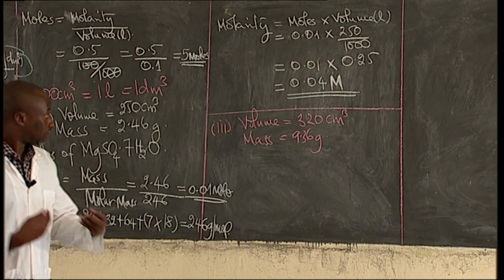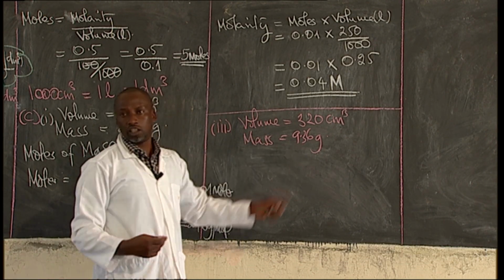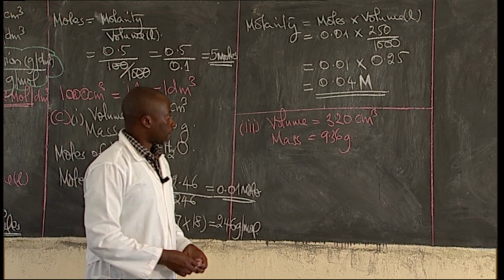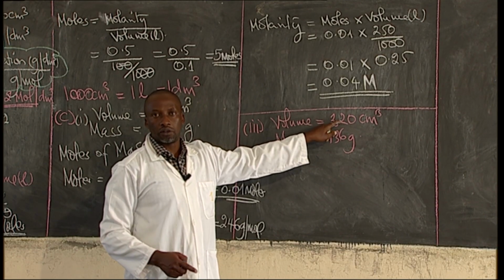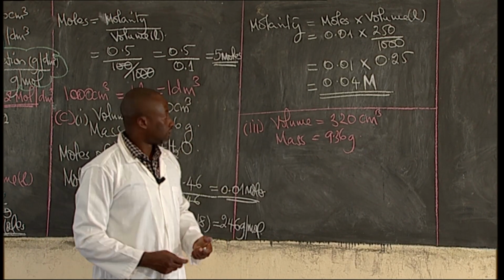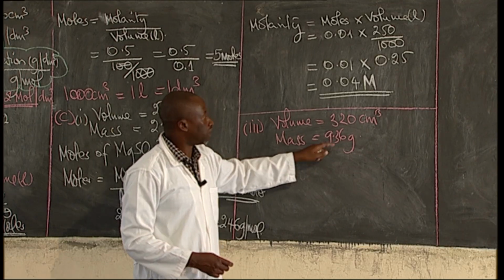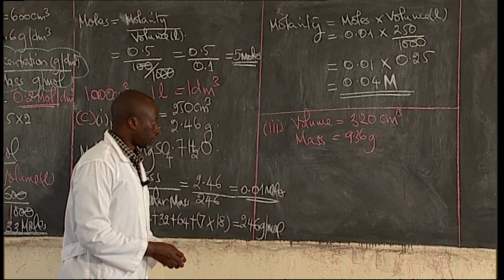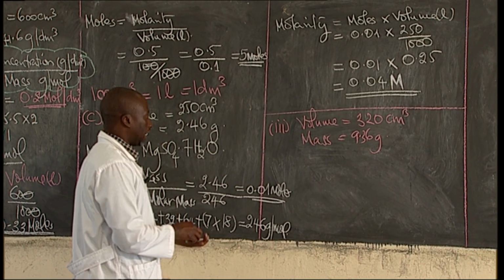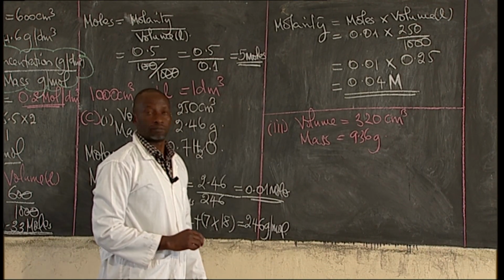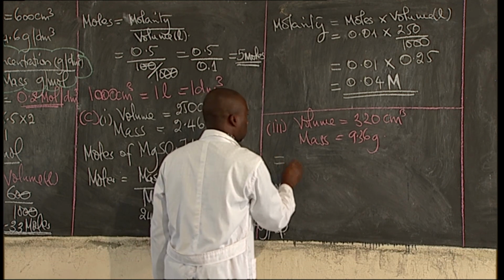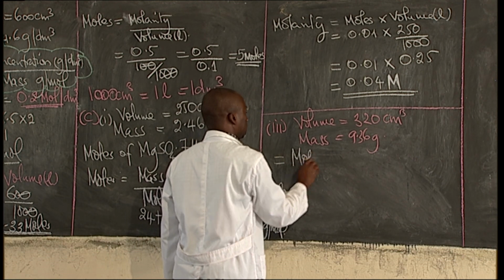So what do we do? We need to first change this mass into moles, then we look for the mass in 1 liter, or we apply the formula there. If we change this, we will get the molarity. Let's look for the moles.